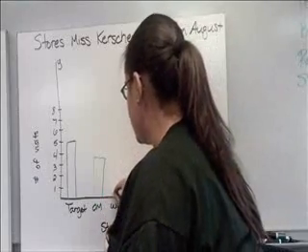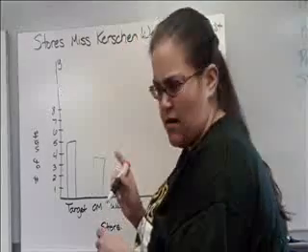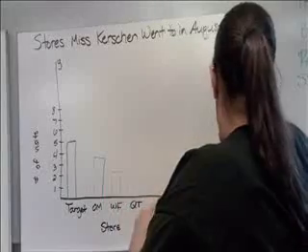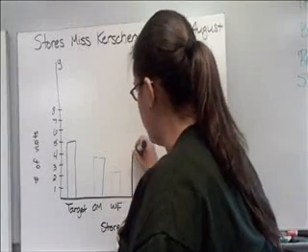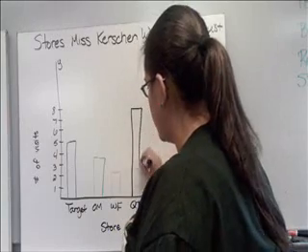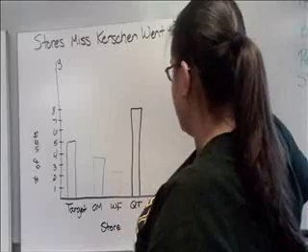Whole Foods, I visited twice, I believe. If I got this wrong, I'm sorry. I don't remember what I put. And then Quick Trip. I measured, I went 7 times. So that's our bar graph.